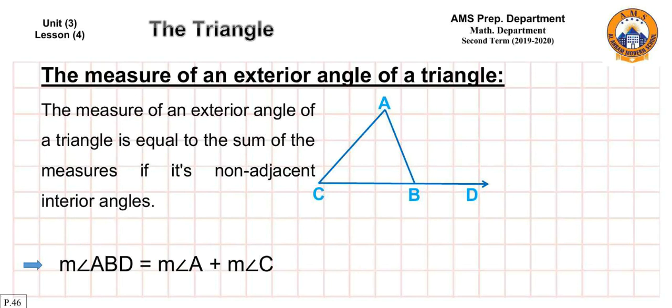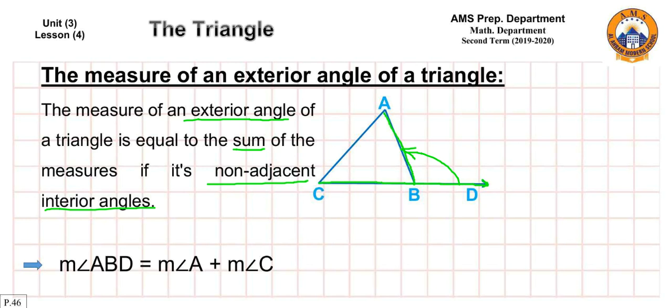The measure of an exterior angle of a triangle equals the sum of the measures of its non-adjacent interior angles. Where is the exterior angle here? This is the exterior angle. Why is this an exterior angle? Because it is formed from the union of the ray CD and the side of the triangle BA.